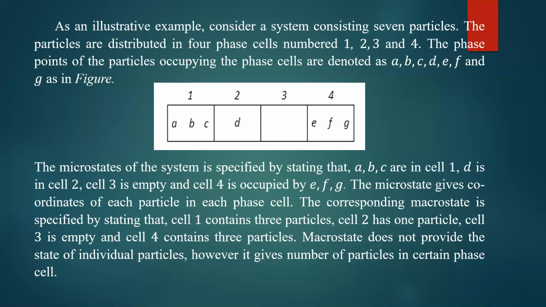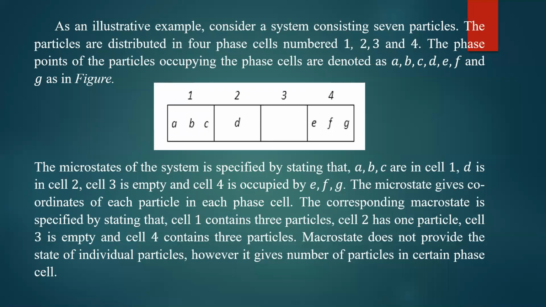So macrostate does not provide the state of individual particles. However, it gives the number of particles in a certain phase cell. Stating only how many particles are in that phase cell is called macrostate. Specifying in which phase cell the particles are, that is, A, B, C are in which cell, that is microstate.